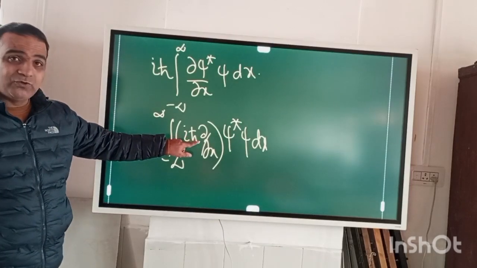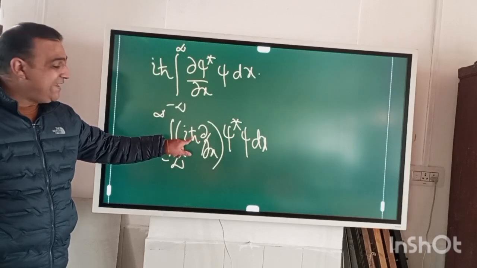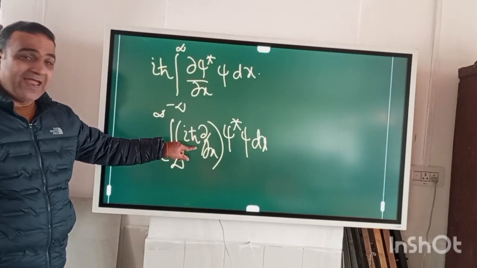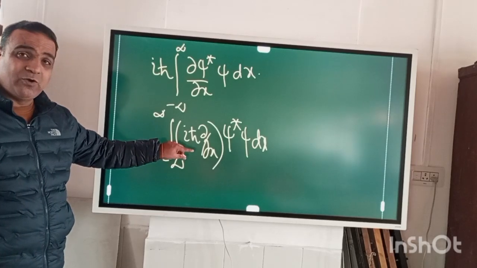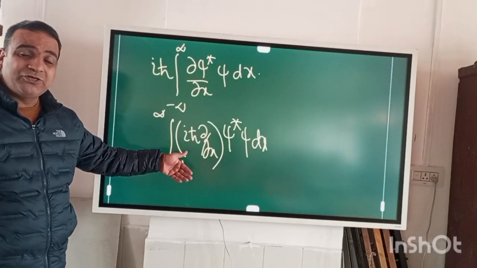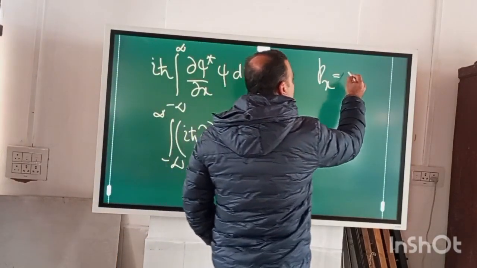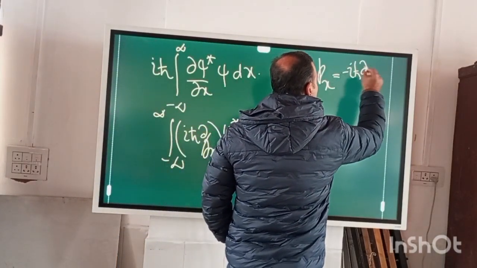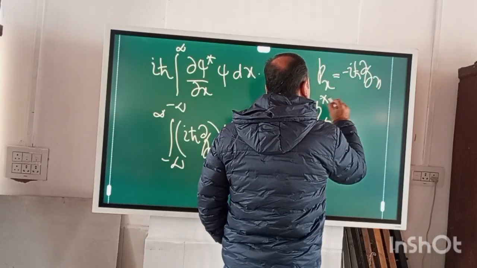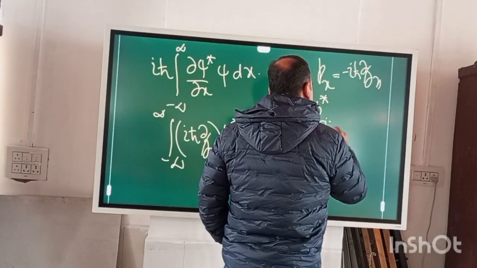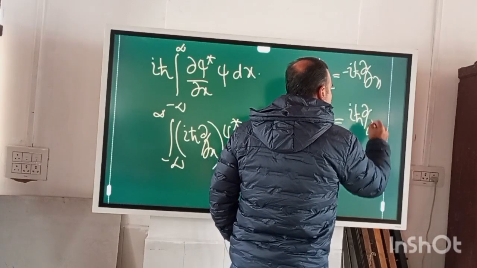And you can see here, this is i h bar dou by dou x. What is this? If px is minus i h bar dou by dou x, then what is plus i h bar dou by dou x? It is basically the complex conjugate of px. So if px is minus i h bar dou by dou x, then px star has to be plus i h bar dou by dou x.